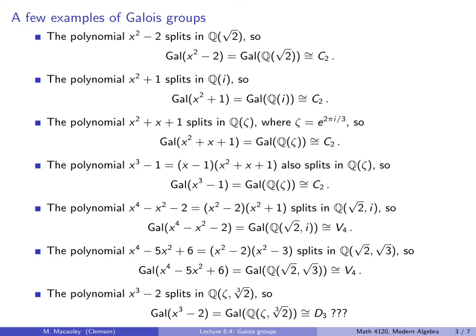Finally, the polynomial x cubed minus 2 splits in the field Q adjoin zeta and the cube root of 2. And as before, zeta is a primitive third root of unity, e to the 2 pi i over 3. And so the Galois group of this polynomial is the Galois group of the splitting field. And we've given evidence previously to suggest that this Galois group should be isomorphic to D3, the dihedral group.